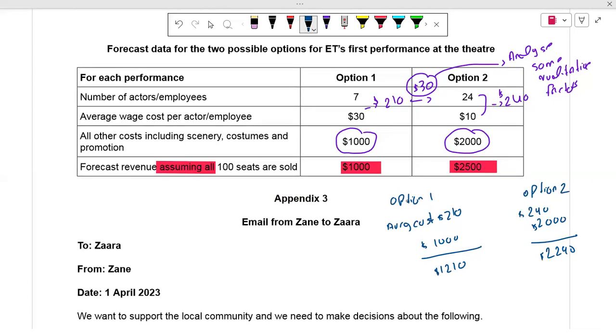Okay, and the forecast revenue assuming all 100 seats are sold.